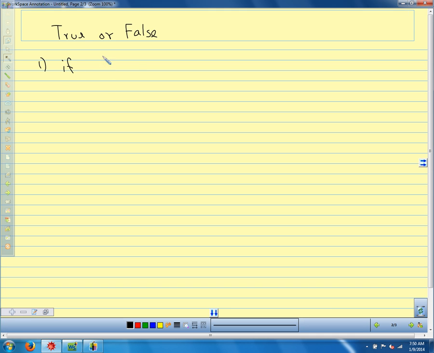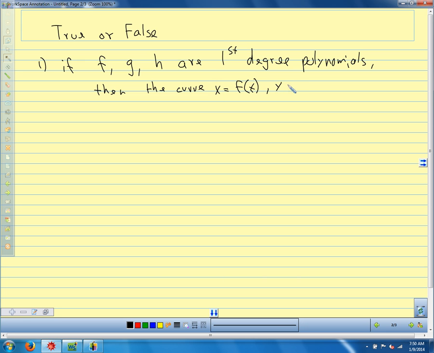So I'm going to say if f, g, and h are first degree polynomials, then the curve given by x equals f of t, y equals g of t, and z equals h of t is a line.